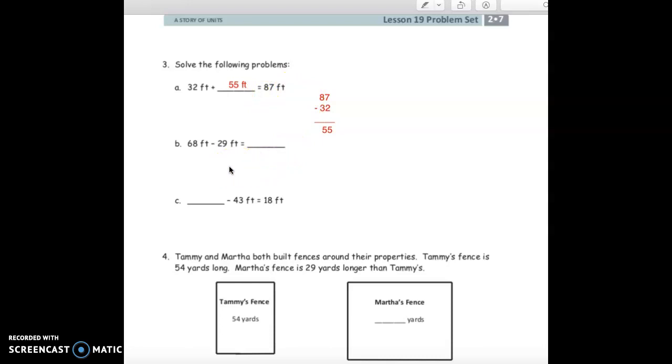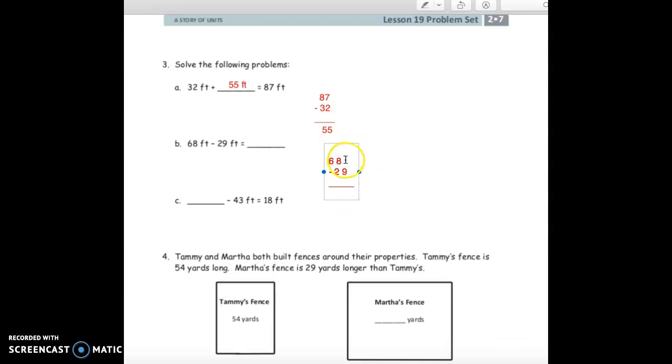Let's look at part B. 68 minus 29 equals blank. Well, this is just a regular subtraction problem, so let me set that up. 68 minus 29 equals, and then I'm going to use the vertical way to solve. All right, let's look at the vertical way.